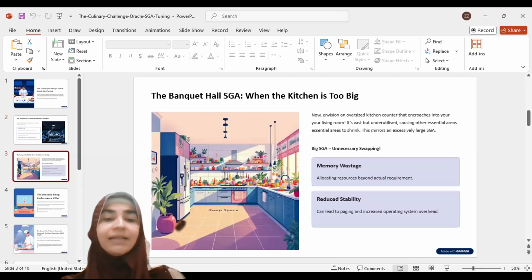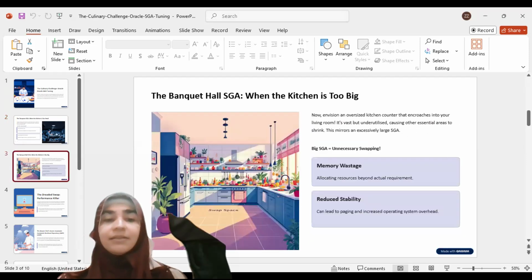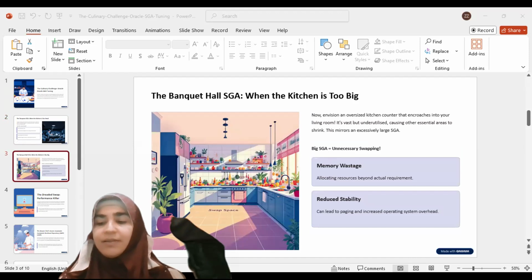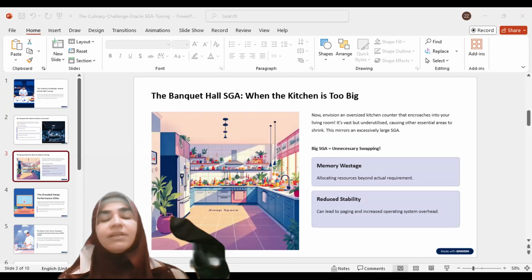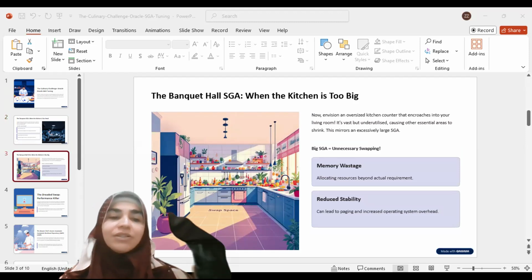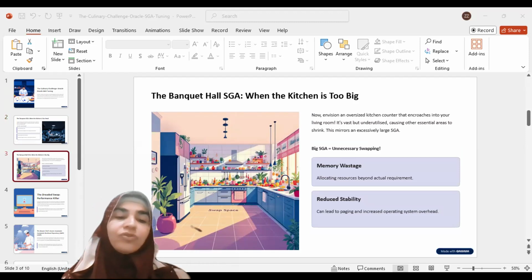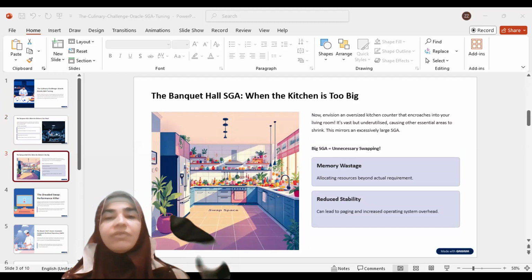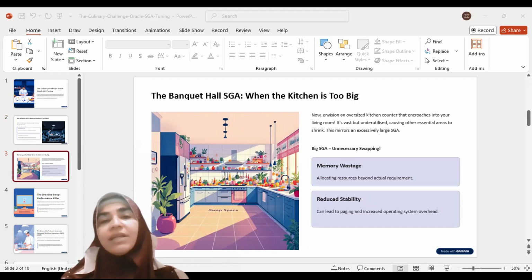Now the next slide. Now let's look at the other extreme. Imagine building a massive kitchen counter that extends into your living room. Sure, it's big, but most of it is unused and it's taking away valuable space of your house. So this is what happens when an SGA is oversized. You allocate far more memory than you actually need.